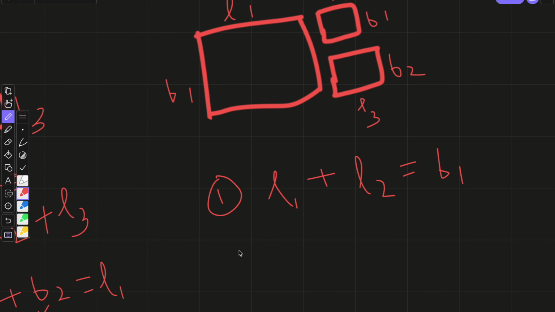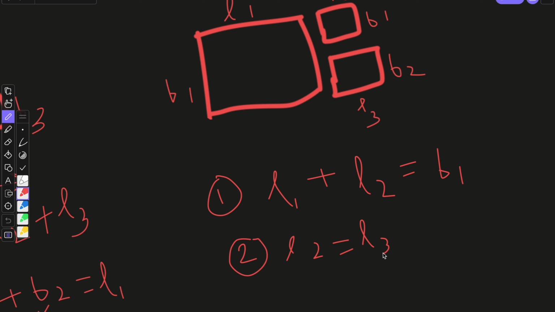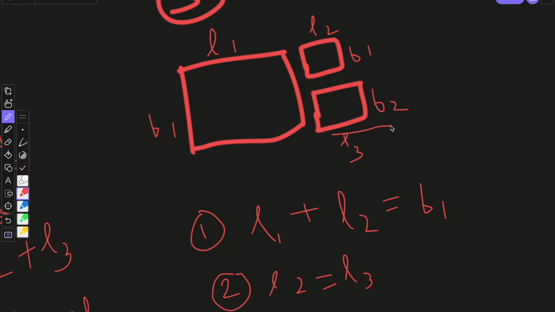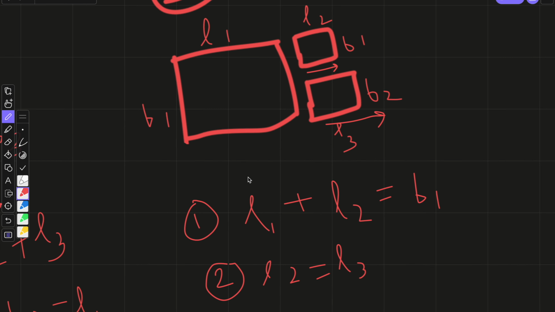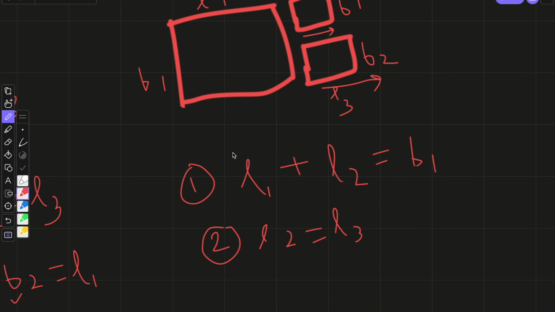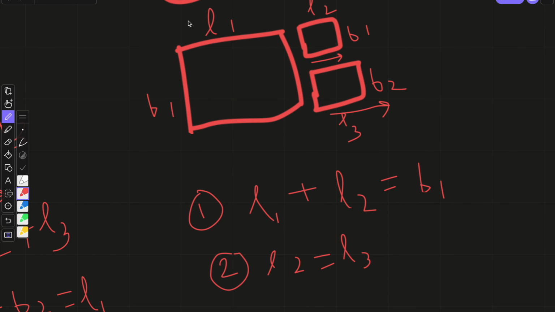Now another thing, L2 must be equal to L3, otherwise one of the lengths is going to be greater, so the square won't be formed. Now we have made equal these sides and these sides.